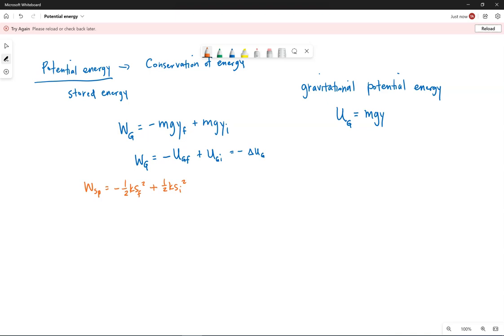So we define elastic or spring potential energy, stored energy, simply because we have an object that is either compressing or stretching a spring.